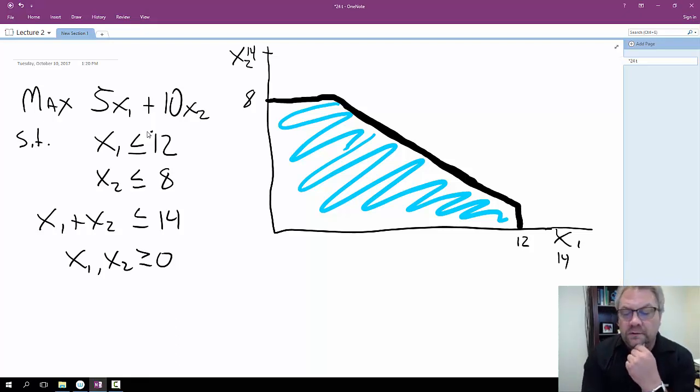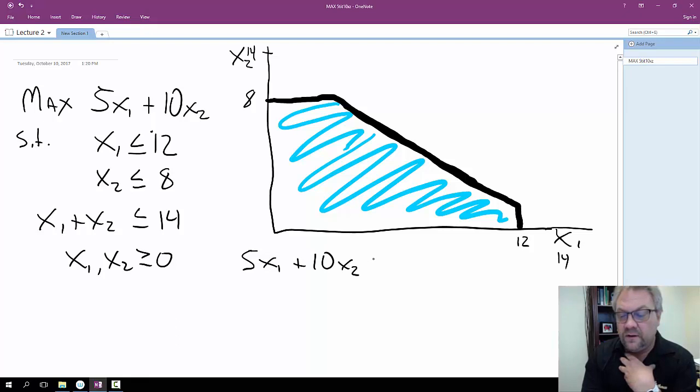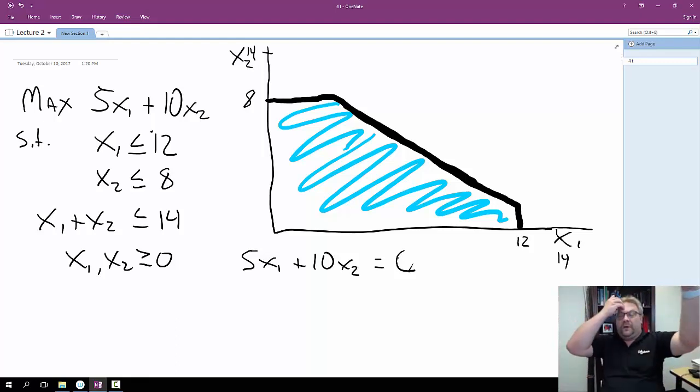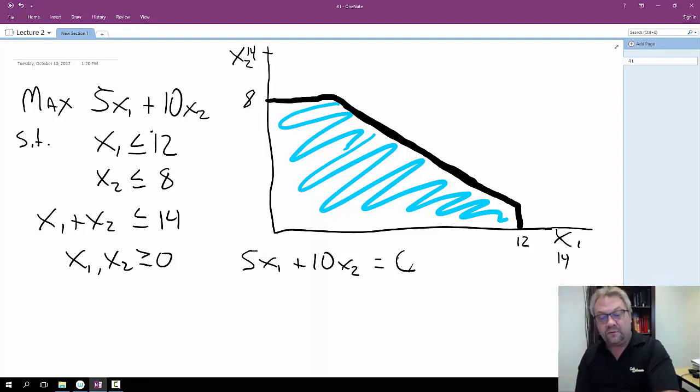What we're going to do is take your objective function, 5x1 plus 10x2, and just let it equal some number. I'll call it C, or profit, whatever you want. So this is any level of profit. Now I want to take this equation and solve it for x2.